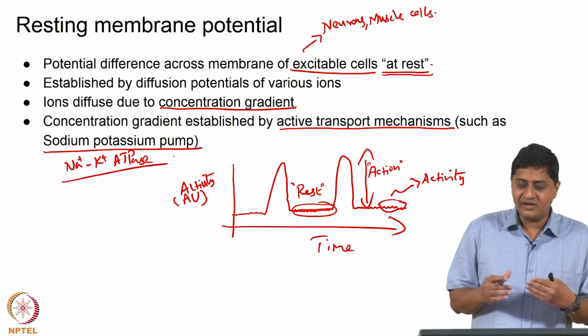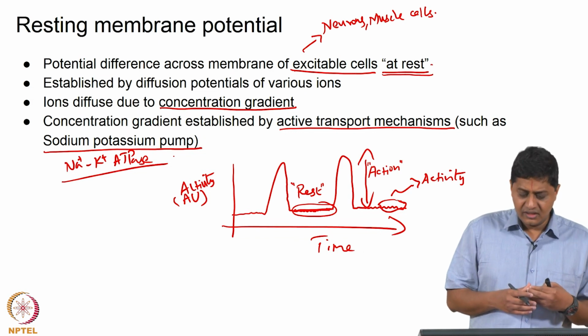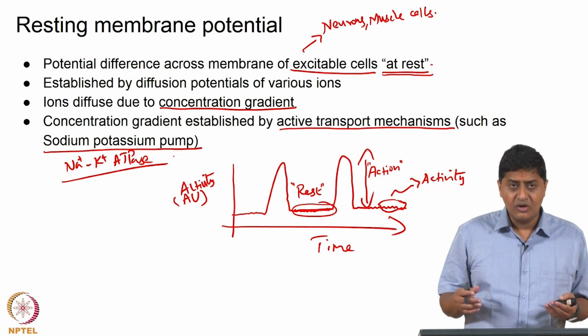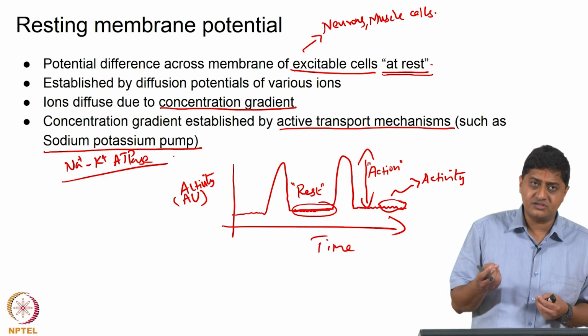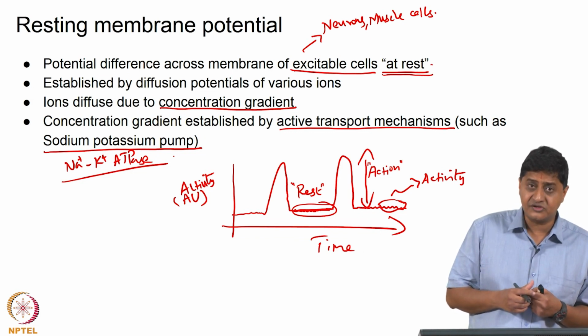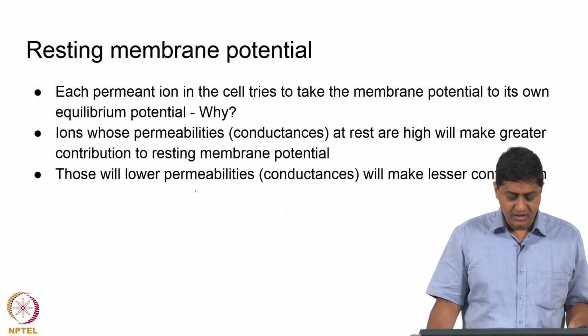If you did not maintain that gradient at the expense of energy, then there would be no need for the diffusion potential to exist or any such thing. So, it seems like there is some very important function that needs to be performed with the help of this concentration gradient. We wonder what that crucial function is. That is something that we will see in future classes, right.